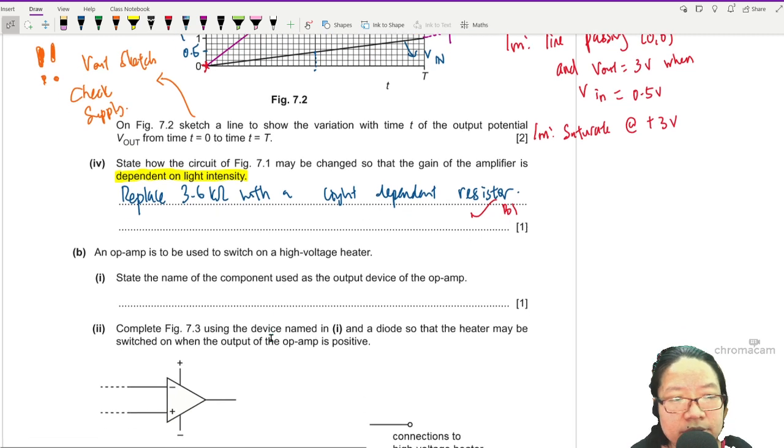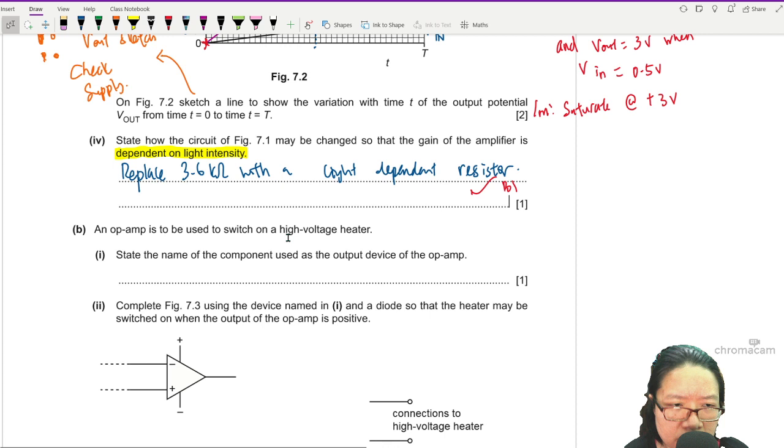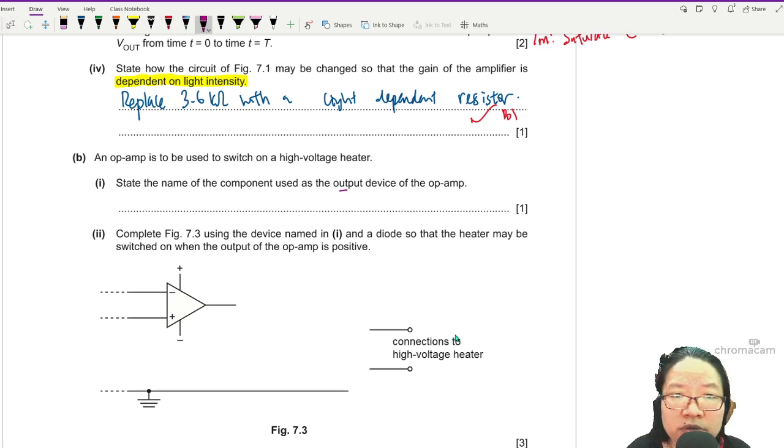Alright, next. An op-amp is to be used to switch on a high voltage heater. State the name of the component used as the output device. So for an op-amp, there are 3 types of output device. If you're revising, make sure after this video you go and revise. There is the LED, light emitting diode, the bling bling lights.